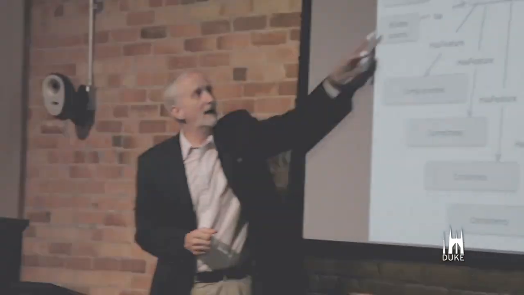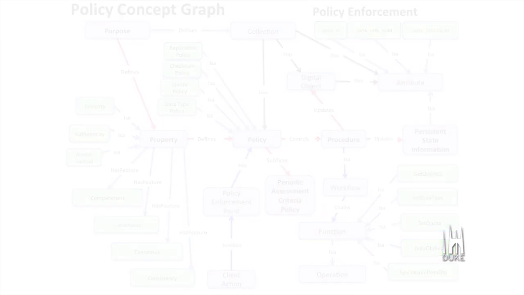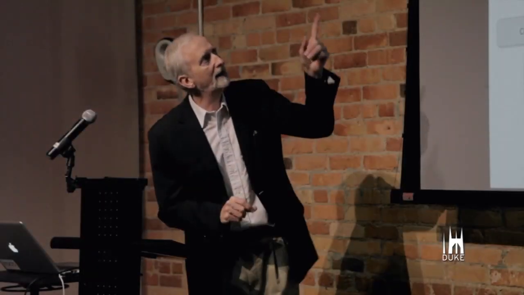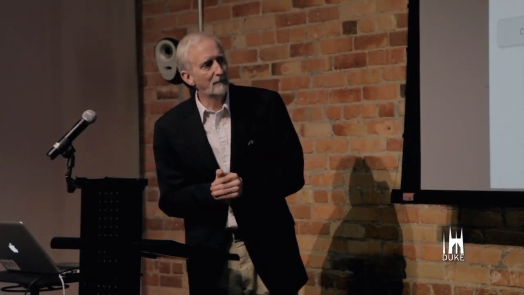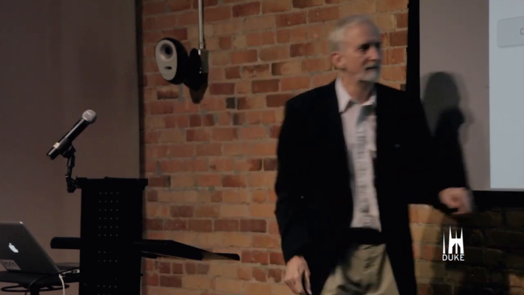So given the desired property, we get to turn that into a policy. So if I want integrity, then I probably need to replicate the data, so if one copy goes bad, there's another good copy. I need to have a checksum so I can verify that yes, it hasn't been changed. So if I need a replication policy, then somewhere there needs to be a procedure that actually does the data object replication.